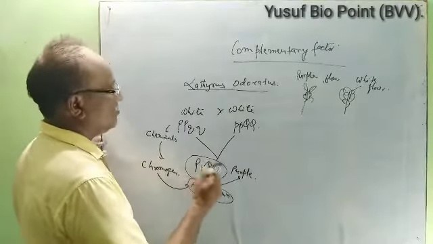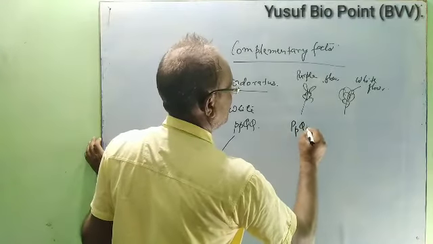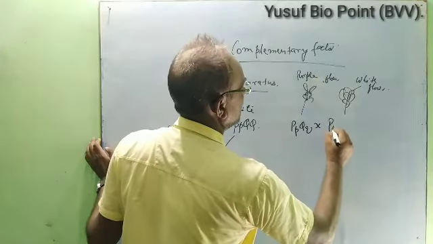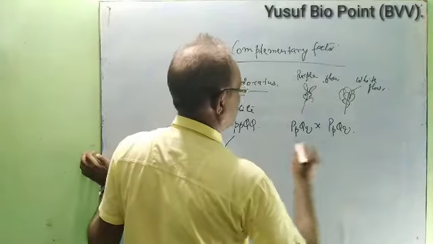Now we cross this PPqq with ppQQ, and the gametes form.